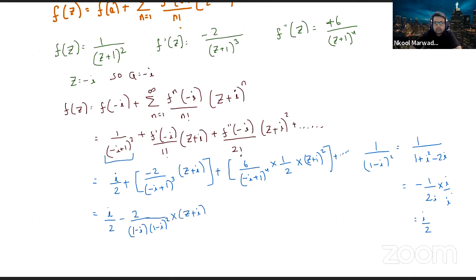Then I will get plus 2 ones are 2, 3 (z plus i) square upon (i minus 1) square. Because power 4 is there, I can write (i minus 1) square into (i minus 1) square, plus dot dot.